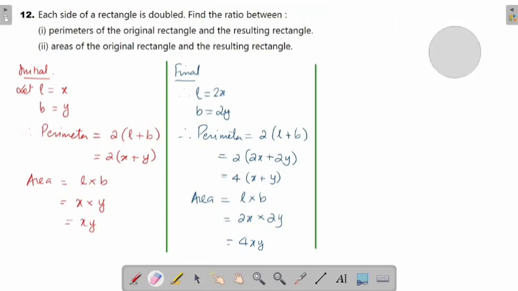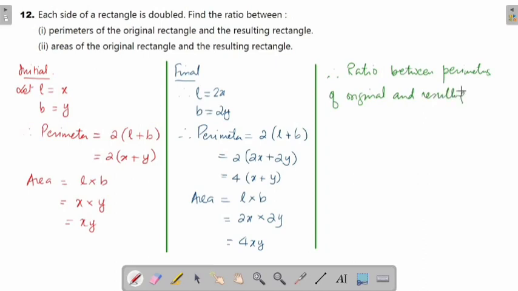So the ratio between the perimeters, number 1, of the original rectangle and the resulting rectangle will be equal to, first, the perimeter of the original rectangle, which is 2 into x plus y.